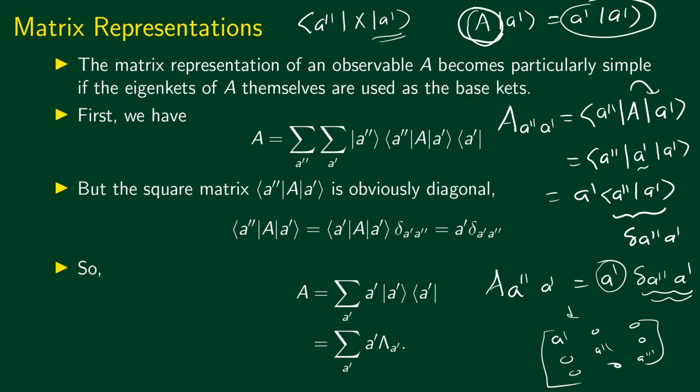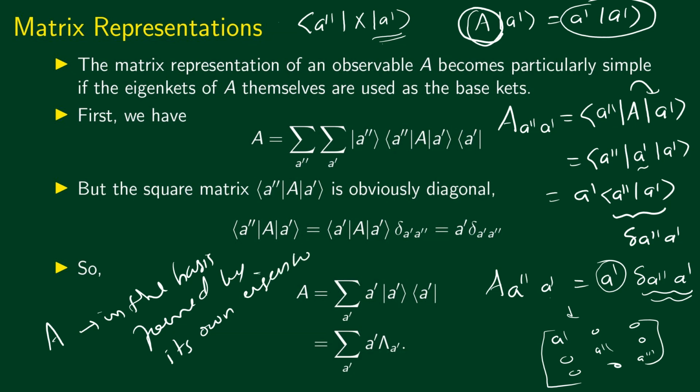Right, with eigenvalues along the diagonal. I'll repeat. If I choose to represent a Hermitian operator A in the basis formed by its own eigenkets, then what happens? Then the matrix is diagonal. It's a diagonal matrix.